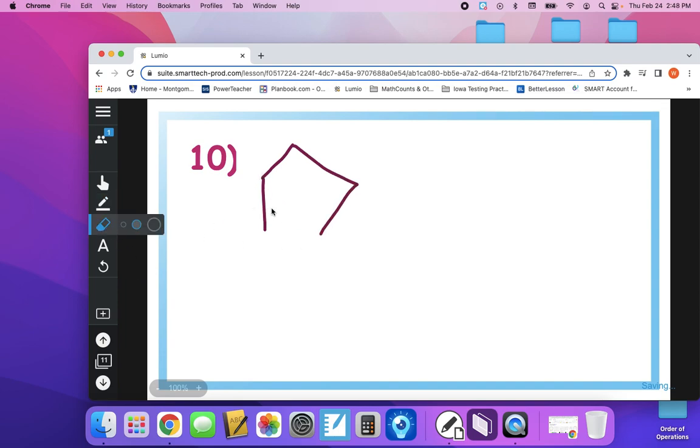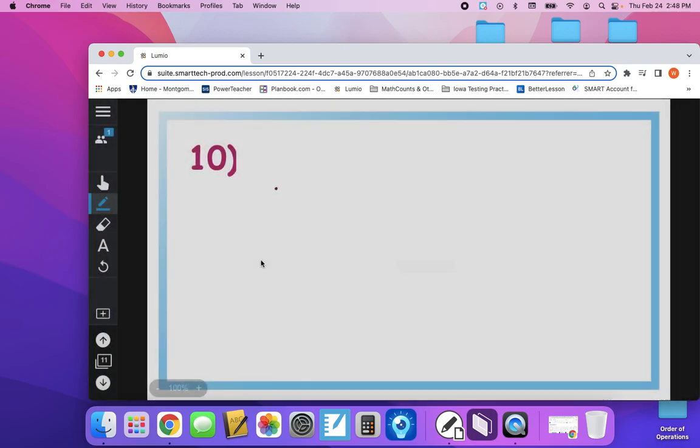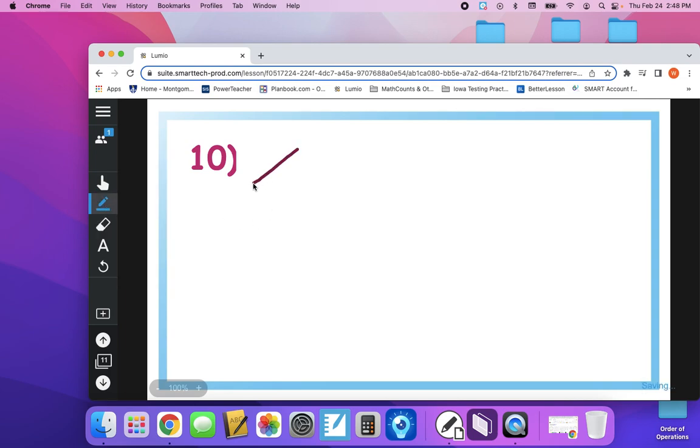Let me try this again. Sorry. That is the worst pentagon ever.